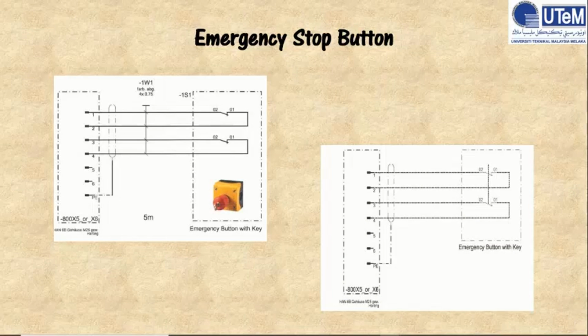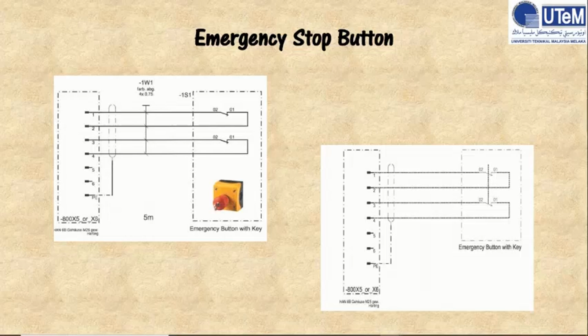As we can see in the circuit, the emergency stop button will control two normally closed contacts, and it will work with dual channel operation. As you can see, the two normally closed contacts are marked. Next, this process will monitor the discrepancy time between two contacts and has a cross-short detection to prevent both from connecting together in a fault case.